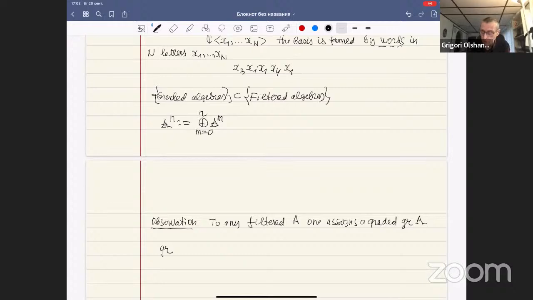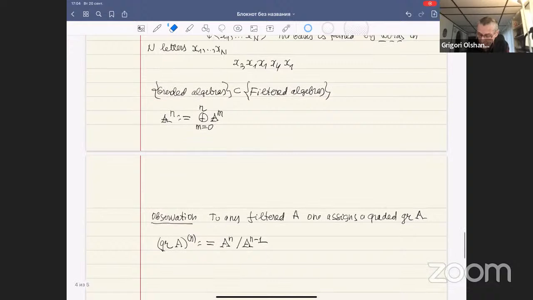In this graded algebra, its homogeneous component number n is defined as the quotient of this type. And the operations are defined in a natural way by taking representatives of elements in the graded algebra. I don't want to go into details. This is a very standard definition.